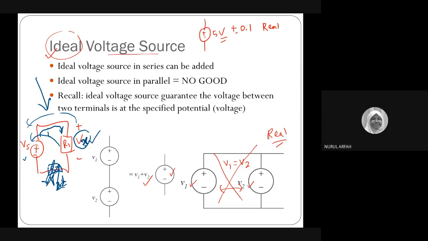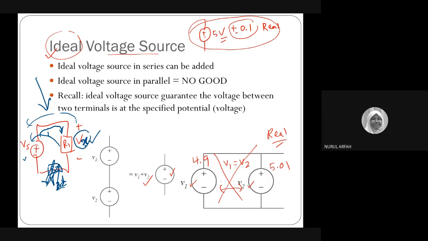Why? Because if V1 is equal to 5 volts, it has an additional plus or minus 0.1. It will not give you exactly 5 volts. Maybe this one is 4.9, and maybe this one is 5.01, something like that, in your real situation.